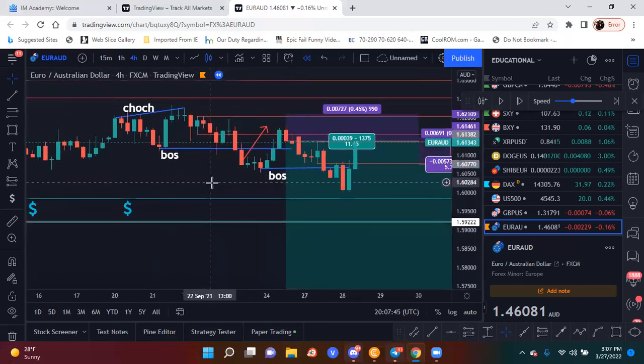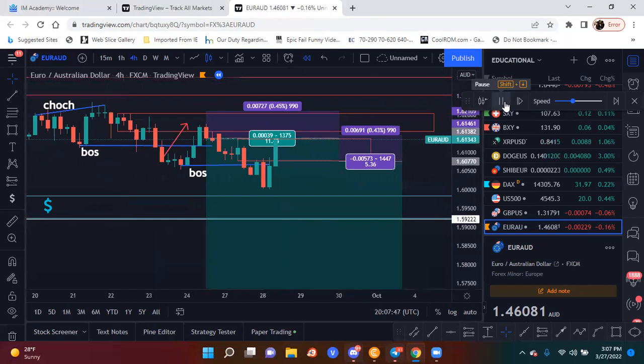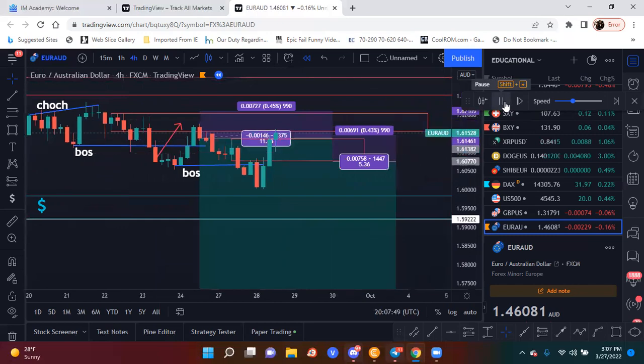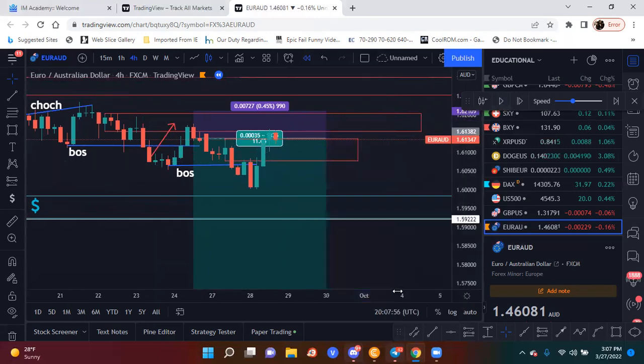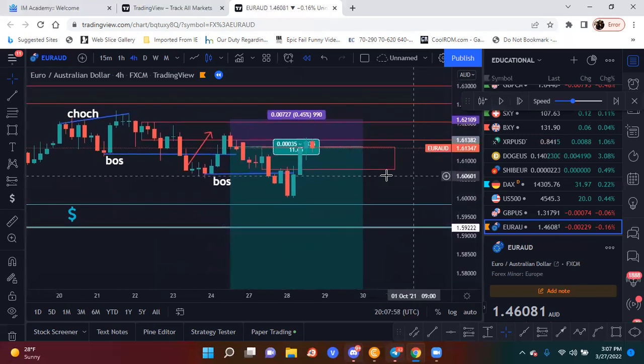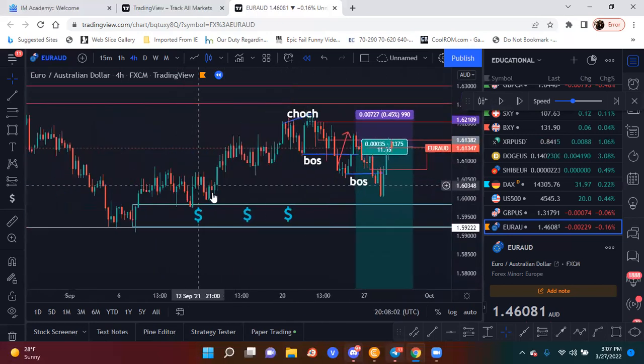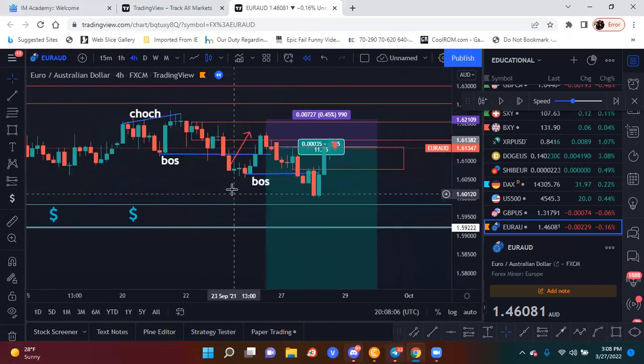I almost got stopped out. Let's see what happens. So I got stopped out of this trade. If I would have put that at break even, I would have been good. I got stopped out of there. So let's see. It came back to the zone, sort of. And it kind of, maybe, I don't know. Let's see what happens. So I'm stopped out of one.